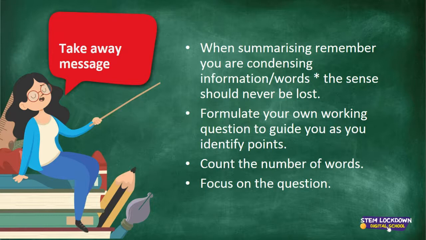But as you formulate that sentence, do not change the question. You are just using simple language that you are able to follow and come up with the answer. Then you need to count the number of words and indicate how many words you would have used. The question says 70 words. We need 70 words. And these are in point form.